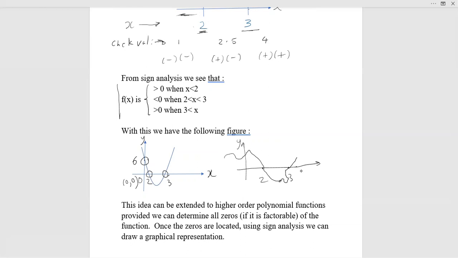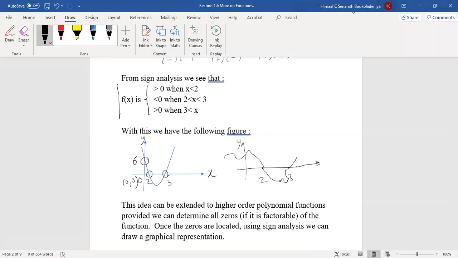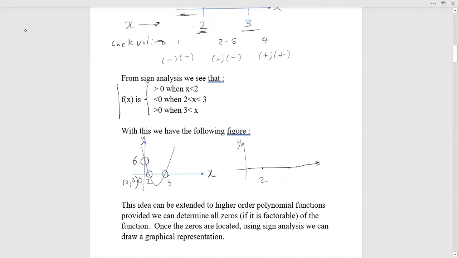You should not break the rules of a function. See here, I break the rules of a function. Without breaking rules means you cannot have 2 points on the same vertical line.